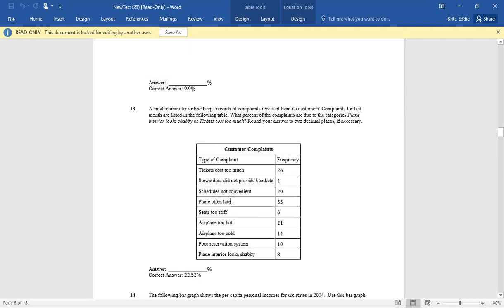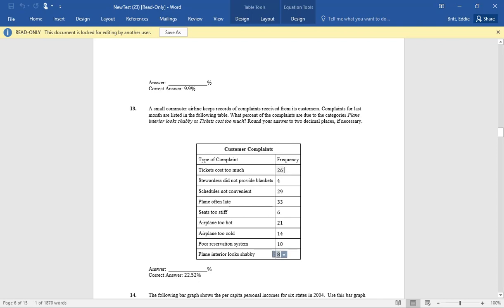Alright, looks like the next problem is exactly the same except different categories. Plain interior looks shabby or tickets cost too much. So we're going to have to look at plain interior looks shabby, and it says or, so we have to add that and the tickets cost too much together.